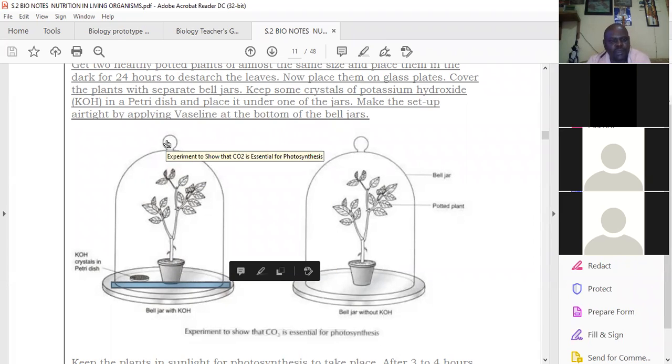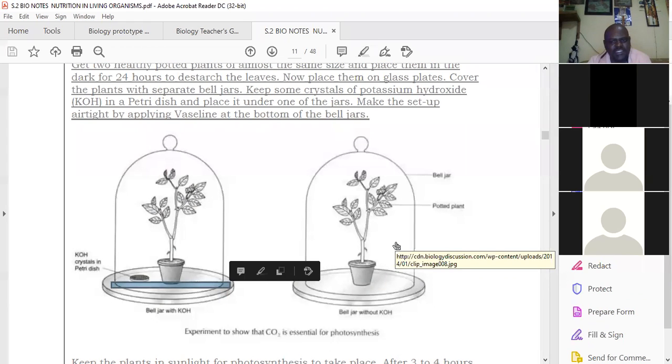Okay. So in the next setup, we have not put potassium hydroxide, which means this is the setup with all the conditions for photosynthesis. And in this one, we have eliminated the condition that we are testing for, and that condition is carbon dioxide. So at the end of it all, we want to see which of the plants was able to photosynthesize.